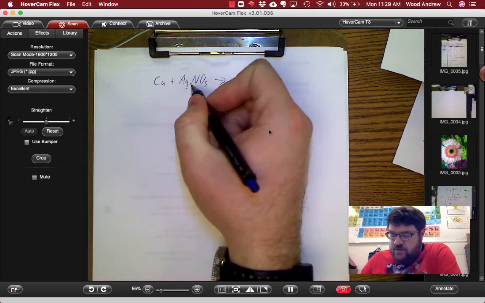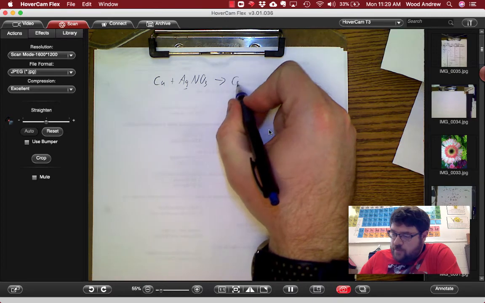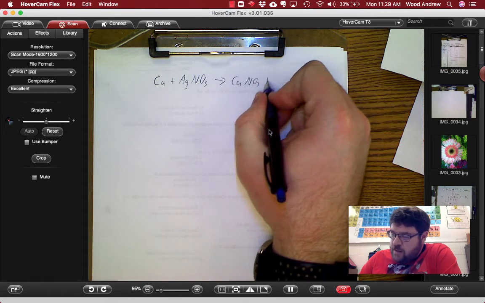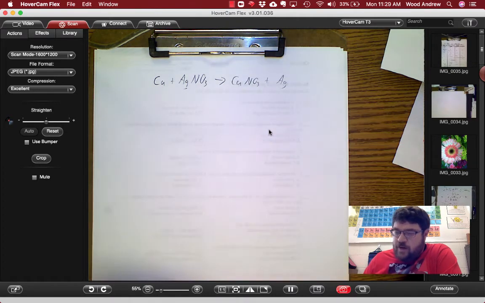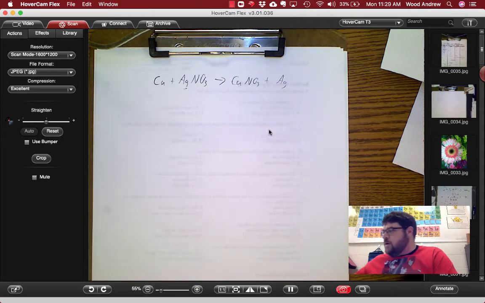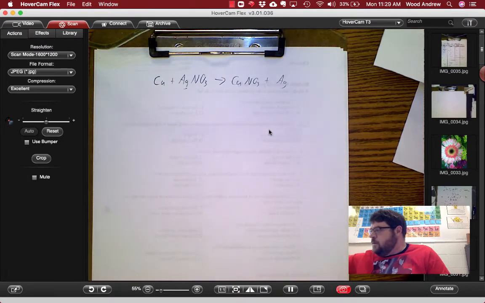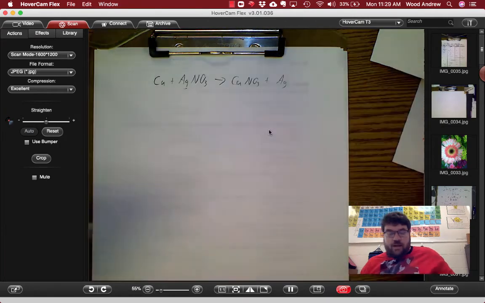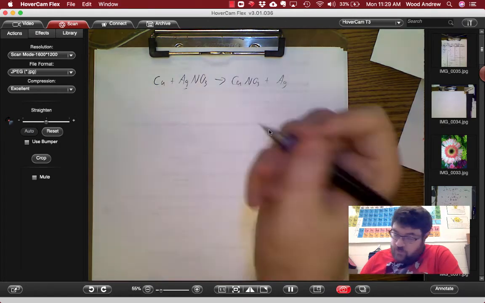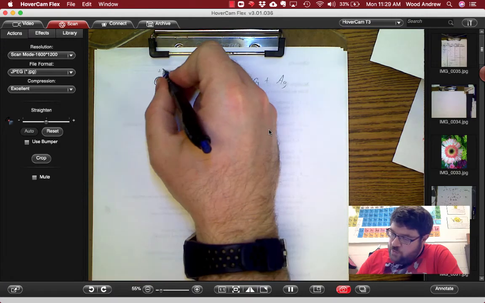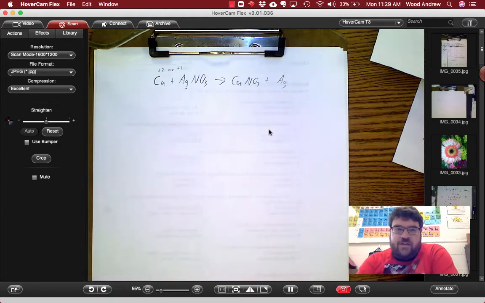Copper is positive, silver is positive. So we're going to have copper with nitrate and silver. Well, here's the problem. Copper, if you recall from our periodic table, right, can have either a +2 or a +1 depending on the situation.